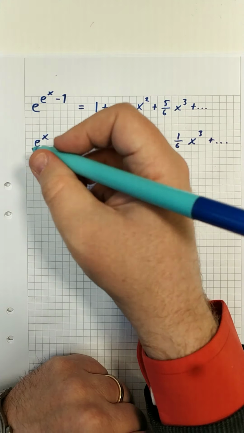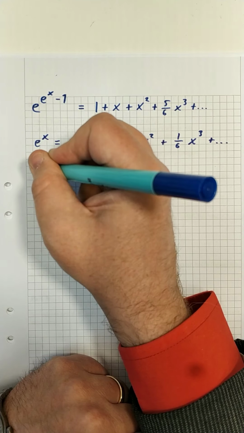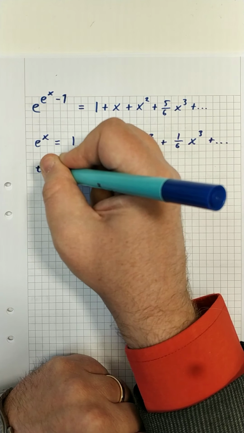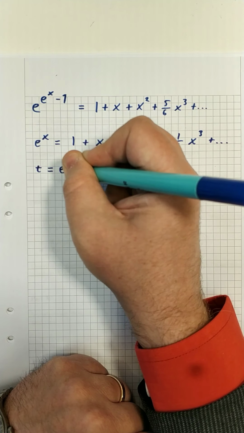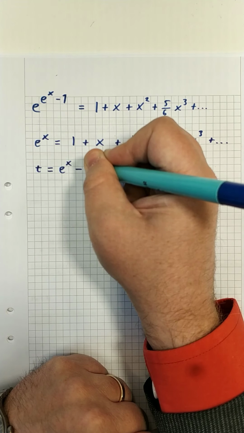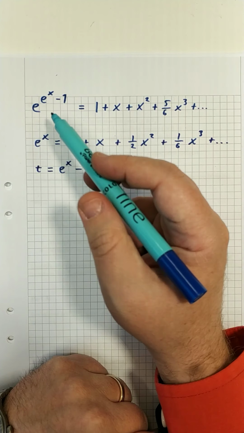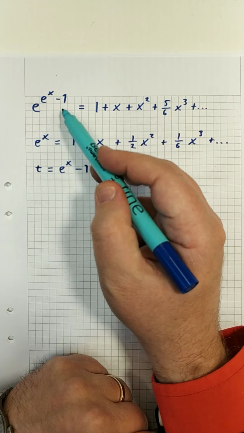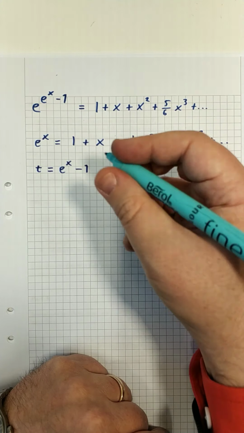Next, I'm going to introduce a substitution t, and I will put that equal to e to the power of x minus 1. So t is the exponent in the function I'm after.